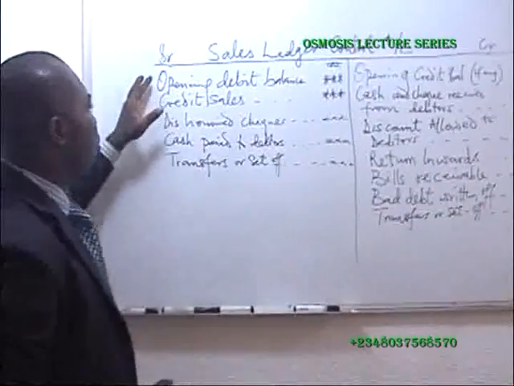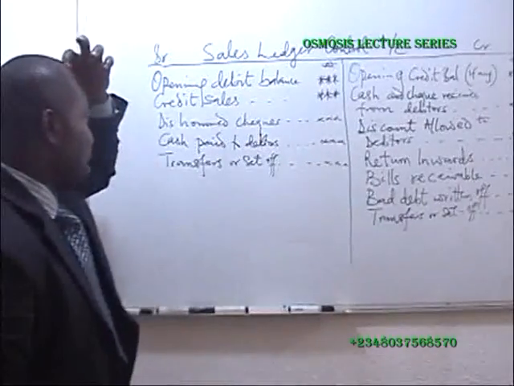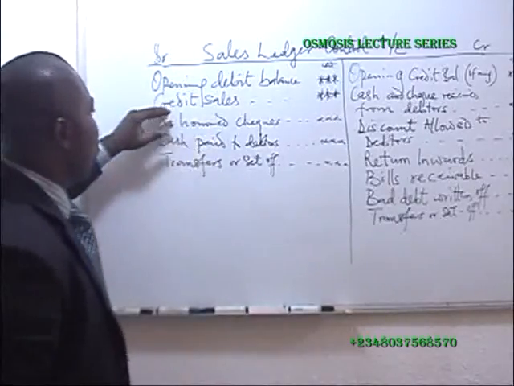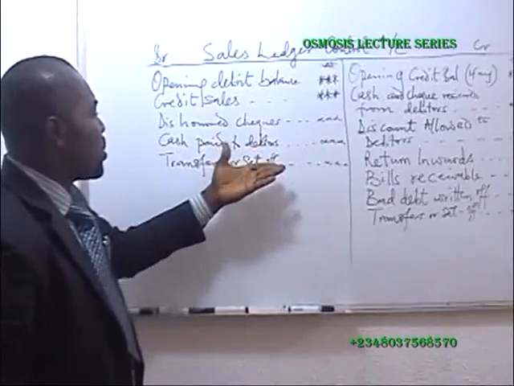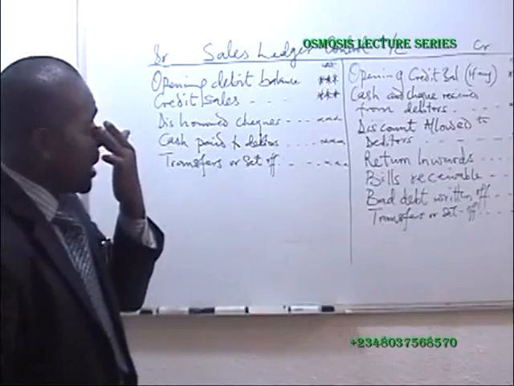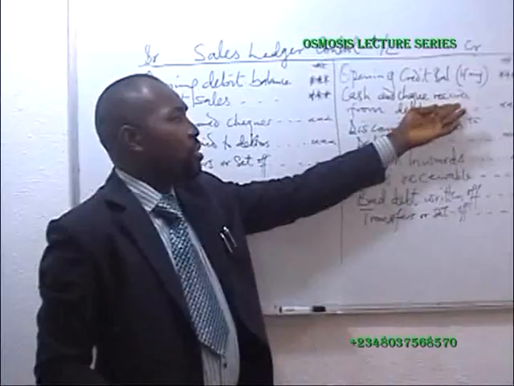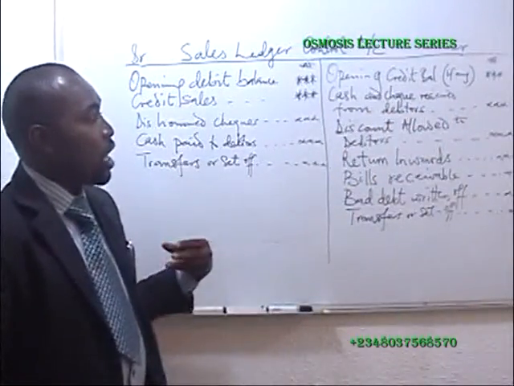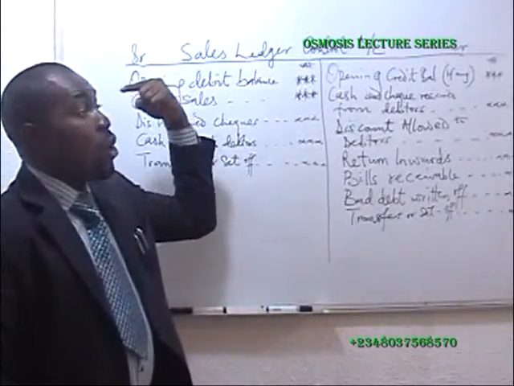Now, look at the opening debit balance. Like I told you, all debtors have a debit balance. If you make credit sales, it will increase. This is dishonored checks. This is cash paid to debtors. This is transfers. This is opening credit balance, if any. Cash and checks received: remember that if you receive cash and checks from them, in your cash book you have already debited your cash book.